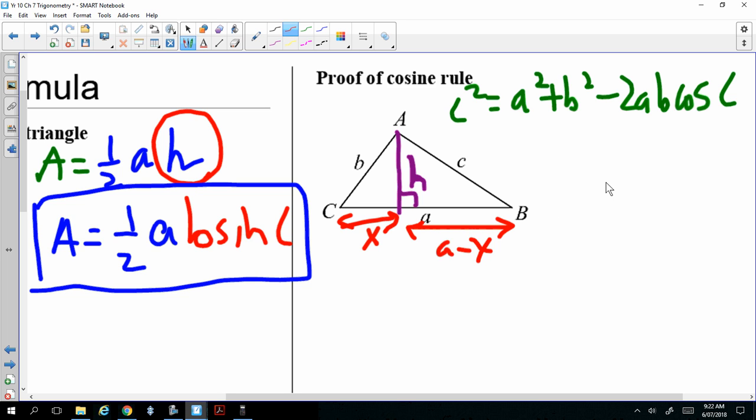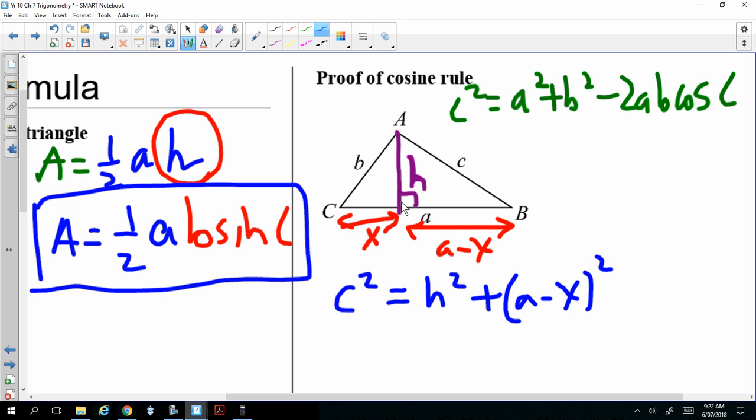We're going to use Pythagoras theorem. As you can see, that reminds you of Pythagoras theorem. So we're going to go c squared equals h squared plus (a minus x) squared, right? Pythagoras on this triangle. C squared equal to h squared plus (a minus x) all squared. And what you need to do is to expand.